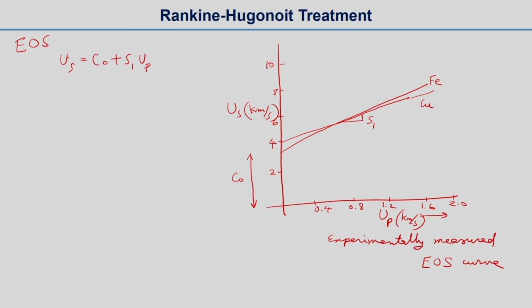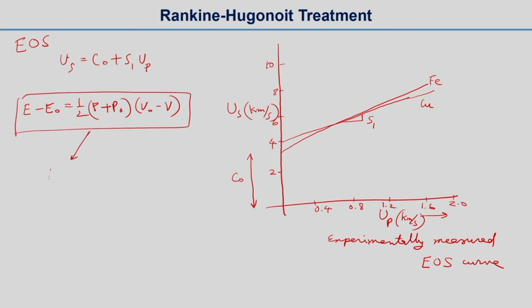This is valid for no phase transformation and no material porosity, and also the earlier equation E minus E naught equal to half of P plus P naught times V naught minus V. So, this equation actually establishes a relation between pressure and density, that is immediately behind the shock wave.